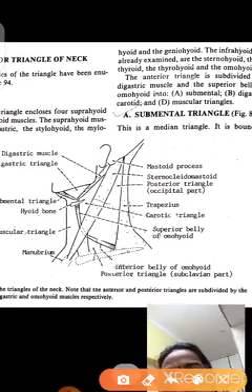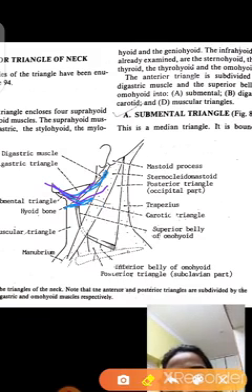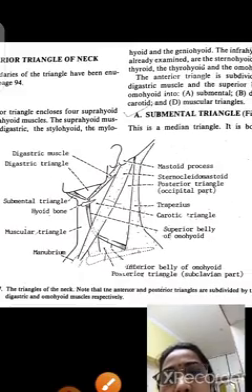You can see here, this is the body of the hyoid bone. These are the two parts of your digastric muscle. Okay, this is the base.